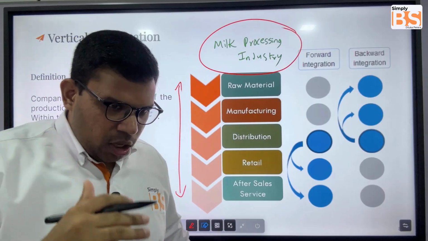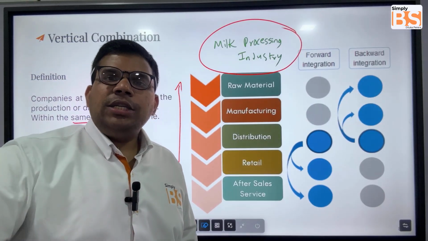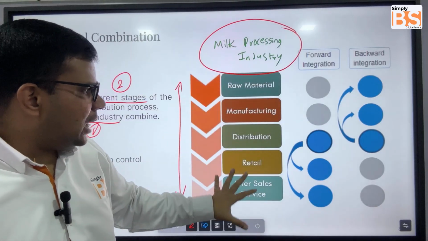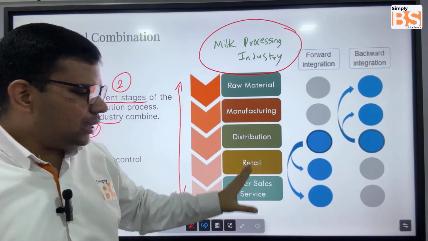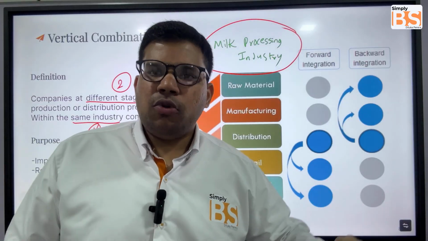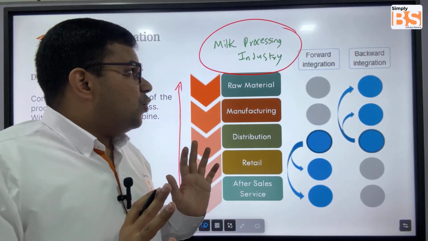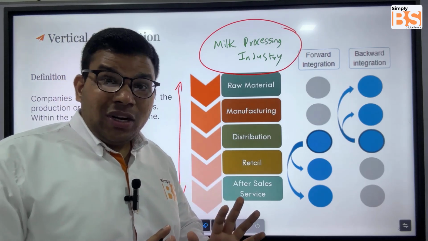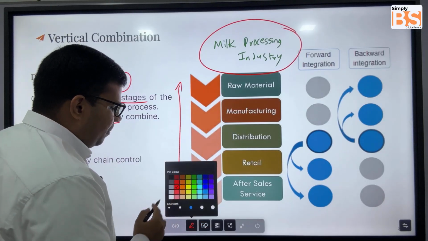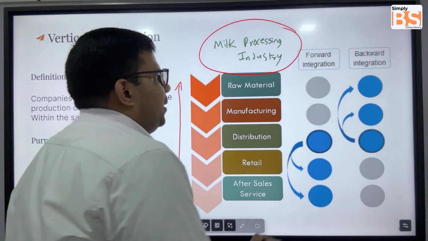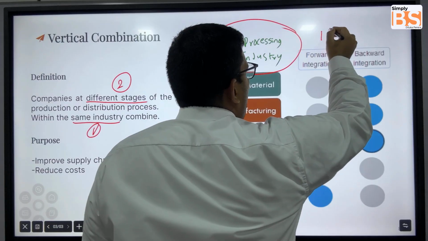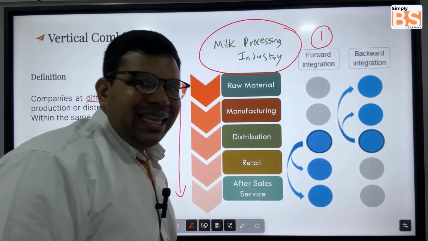Based on the merger or the acquisition that happens in the same industry among the different stages of the manufacturing and the distribution process, we can find two types of it. The first type of vertical combination we can call a forward integration.